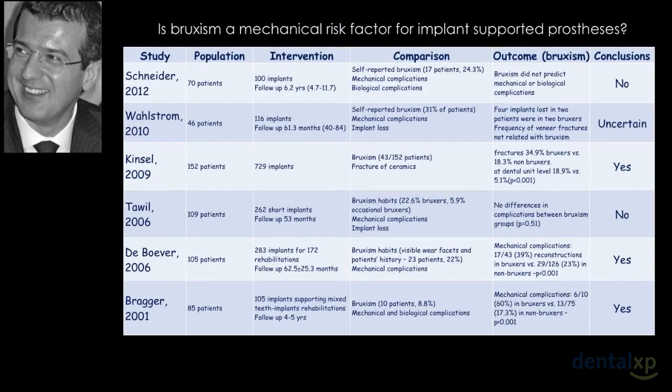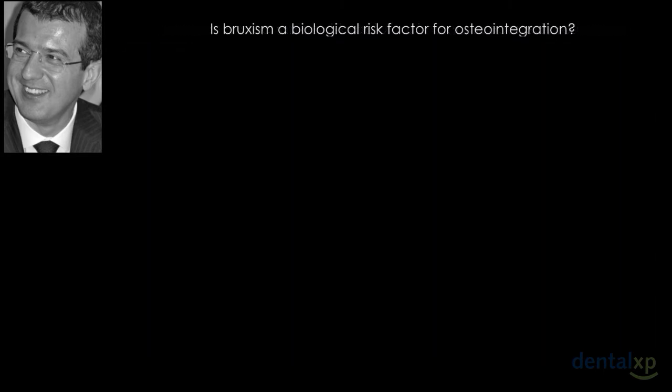We have some studies where patients treated with implants have been described, and the presence of bruxism has been considered, and the conclusions of most of these studies are that bruxism is a mechanical risk factor for the prosthesis. So there are many more complications in bruxism at the level of the prosthesis on implants.